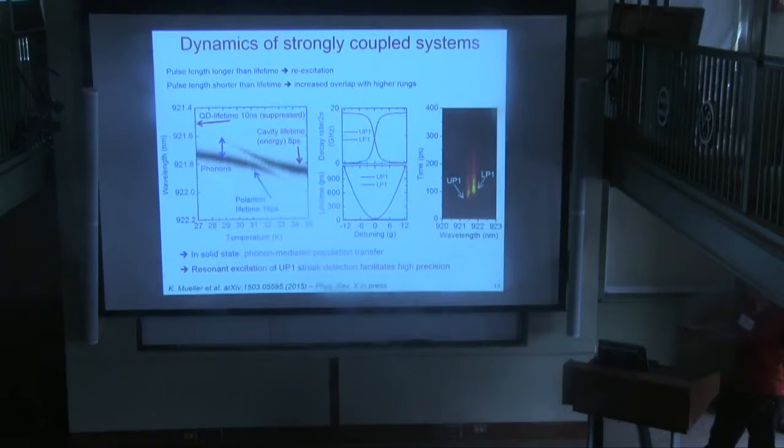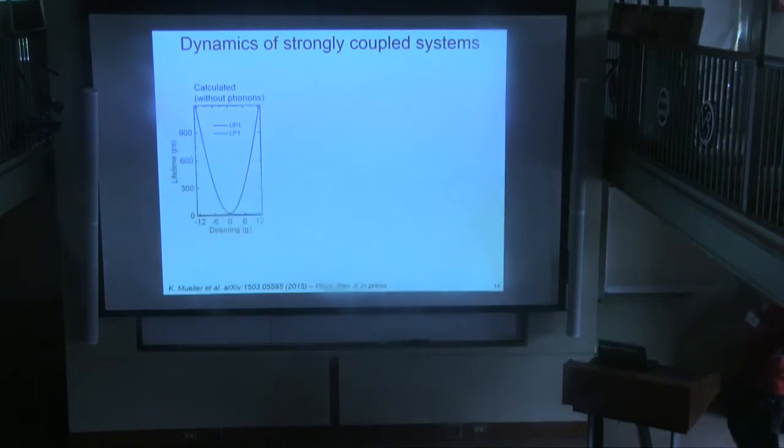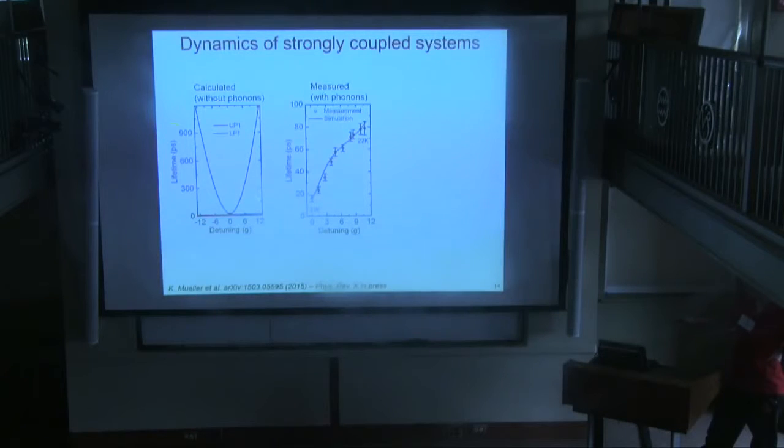So in order to measure the real lifetimes and the coupling strengths to phonons, we did time-resolved measurements on a streak camera, where we resonantly excite one of the branches and monitor the time traces from the other. And because it's a streak camera, we have sufficiently high precision to extract the small lifetimes. So if we now compare the calculated lifetimes with the measured ones, you can already see on the numbers here that they are much faster.